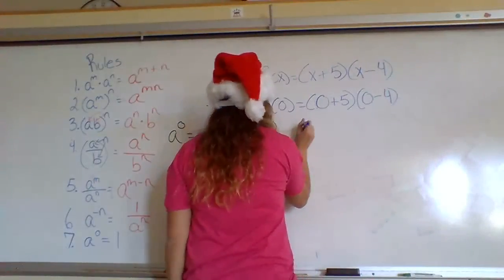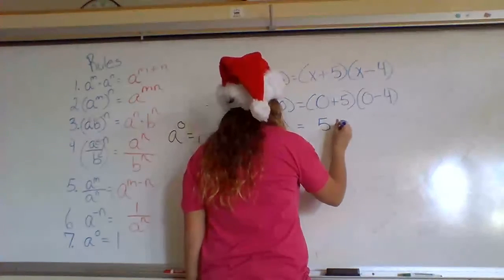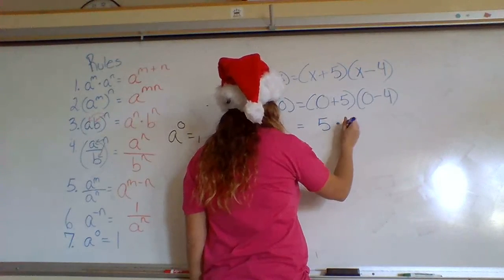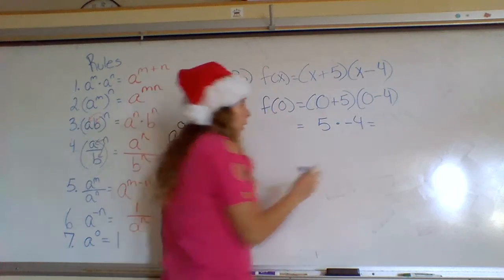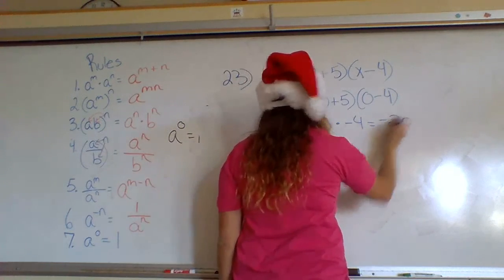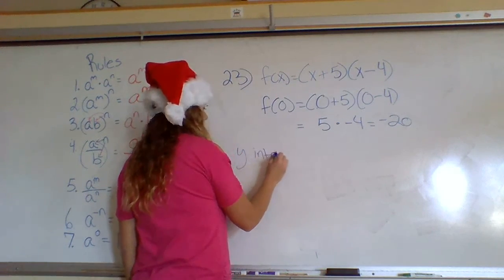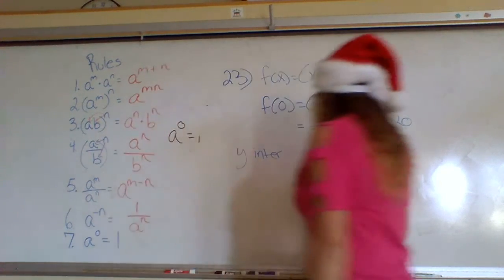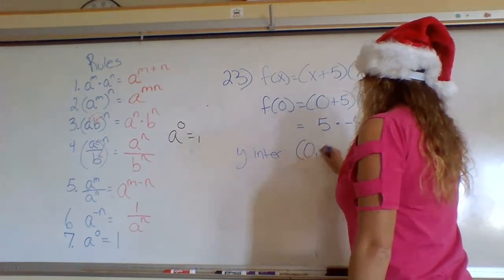So that is equal to 0 plus 5, which is 5, times 0 minus 4, which is negative 4. 5 times negative 4 is negative 20. So your y-intercept is x is 0, y is negative 20.